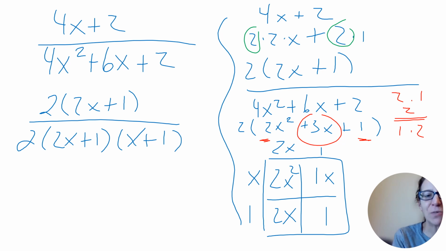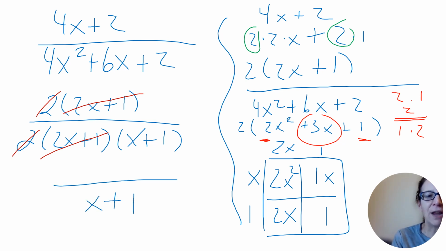And now in this one, we actually have 2 common factors. We can cancel out the 2s, those are being multiplied. And we can also cancel out the 2x plus 1s. So my final answer then has an x plus 1 on the denominator. You have to think for a second what's left on the numerator, because you just can't leave nothing in the numerator unless you're measuring frequency of a sine wave.